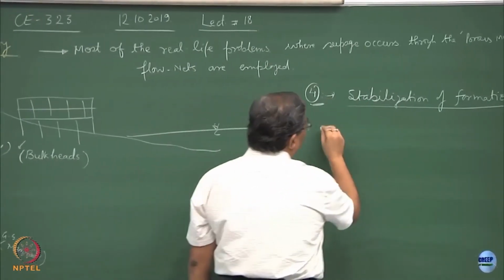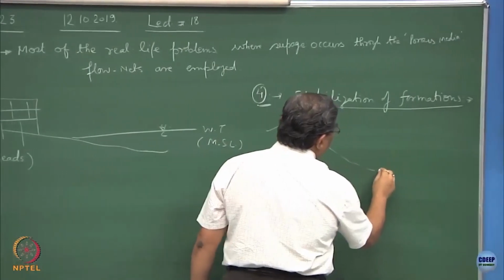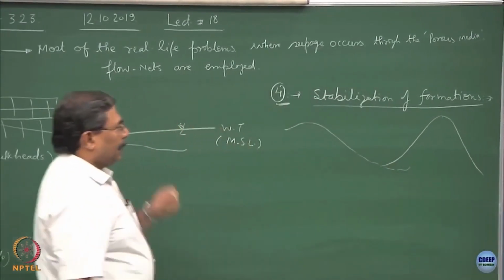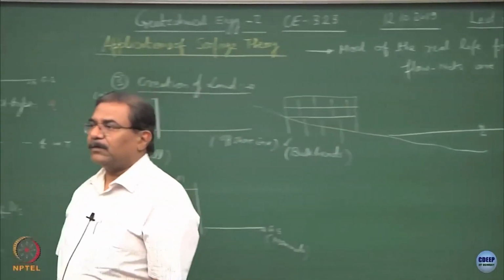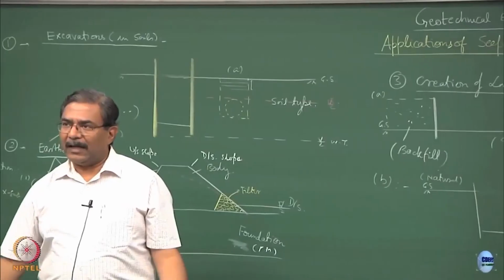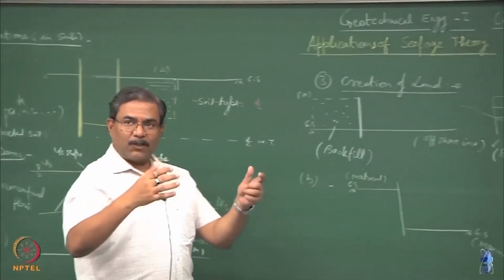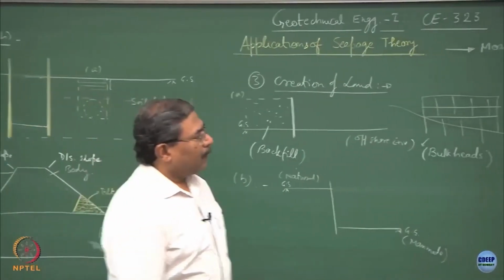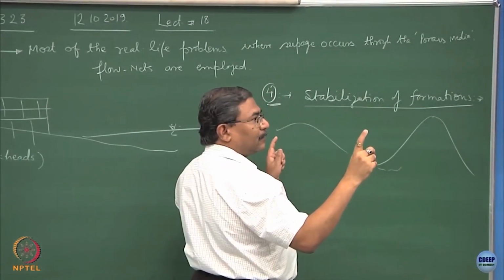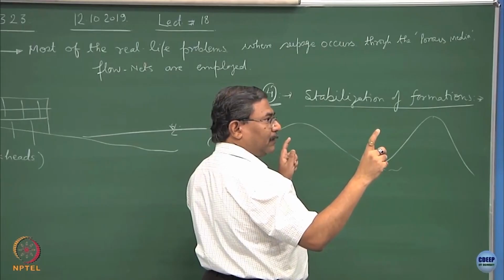So, suppose I give you a situation like this, this is a series of hillocks, and when you want to do expansion, either roads have to be done there, or railway lines, or pipelines, or tankers, or storage tanks have to be done there. So, suppose I want to create a right of way, you understood this statement?